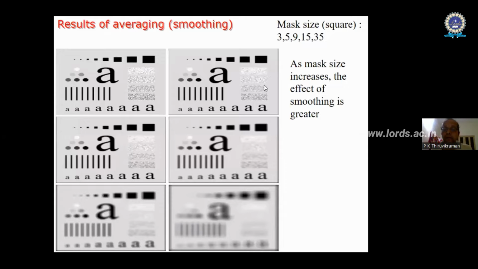This is what is called smoothing. So what is smoothing? It increases the value of dark pixels and reduces the value of bright pixels if they are surrounded by other values. So maxima are brought down and minimum intensities are brought up.